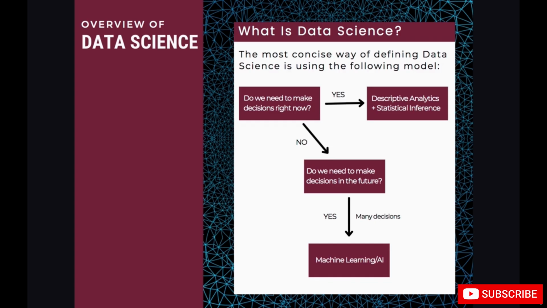You have data for present children, but you need to make recommendations for anyone who will come on Netflix tomorrow, the day after, or the next year, all the years ahead. That's what you're going to build. In that case, you need more sophisticated machine learning algorithms, and that's when the data science skills come in. If it's just analytical things, then the data analyst can take care of it.